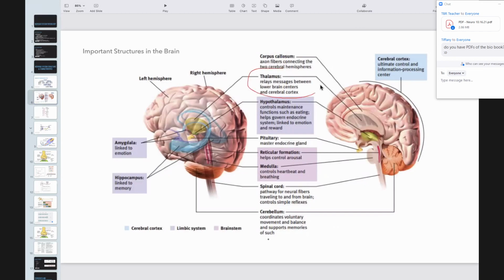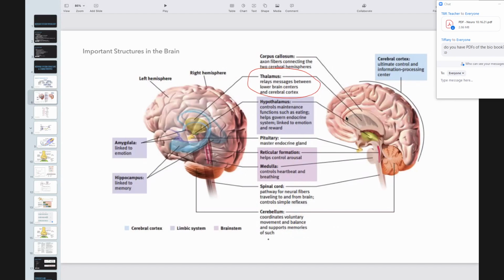So the thalamus, this is the most primitive brain structure. Any organism that has a brain has a thalamus. This is where a lot of the integration comes in. Sight, temperature, everything goes to the thalamus, and the thalamus sends it up to the cerebral cortex.